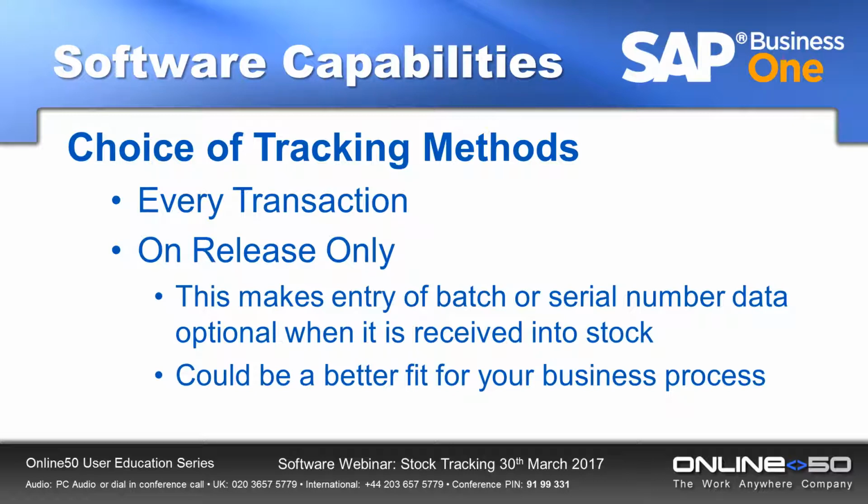So on release only means that we can receive items into stock without having to assign serial numbers at the point they're received. Whereas on every transaction, it means we must capture information at every point we touch the product. So I'm going to hand over to you, Chris, now. Chris is going to explain the differences of those options and what our choices are. So, Chris, over to you.